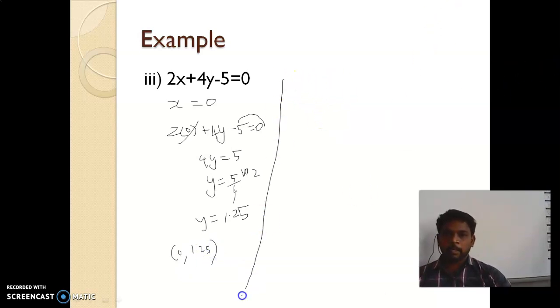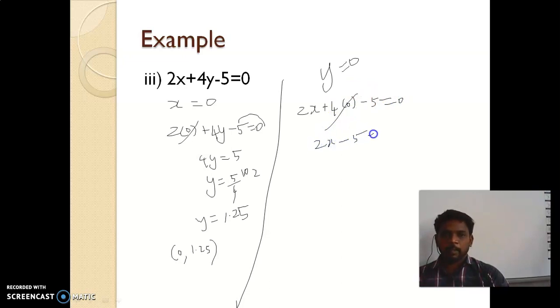And for the second solution, I am going to take y equal to 0. So what will happen here? 2x plus 4 into 0 minus 5 equal to 0. 4 into 0 is 0, so 2x minus 5 equal to 0.